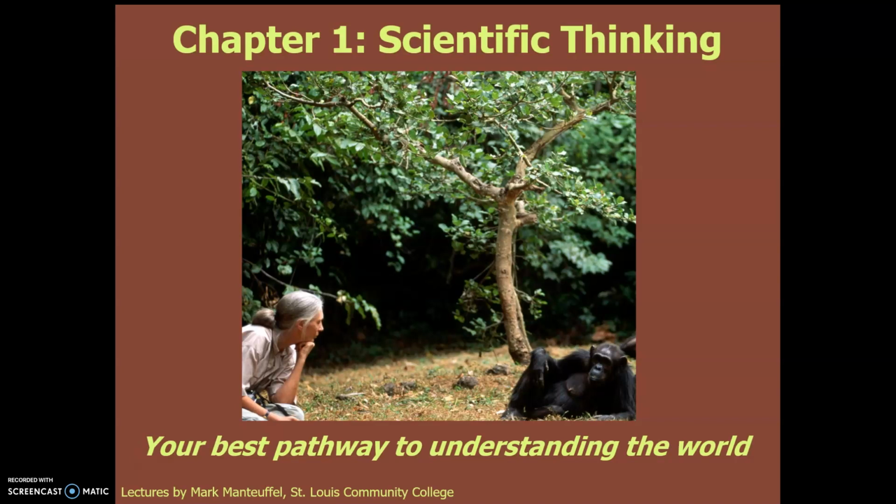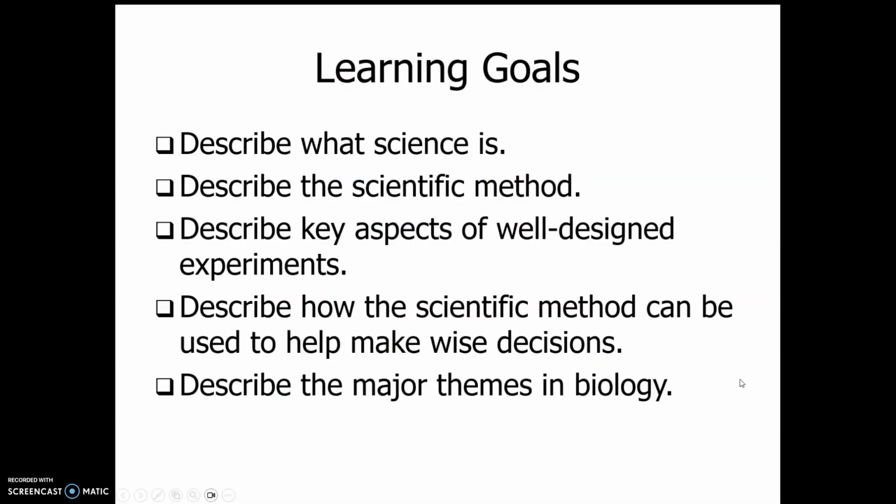All right, so when we begin this course, there are the learning goals in there. We're studying biology, and biology, if you define it, is the study of life. In order to understand what we're studying, we need to know how we study science and how we study biology.